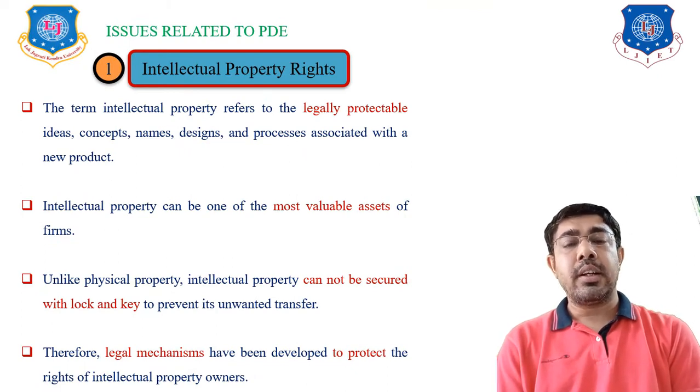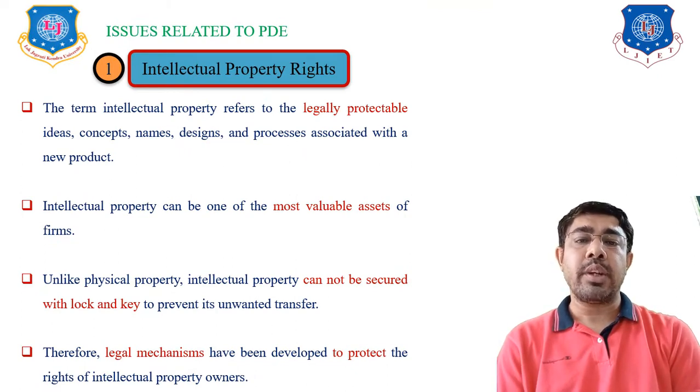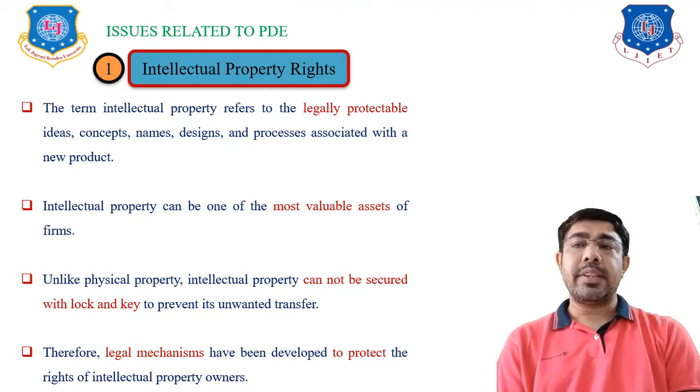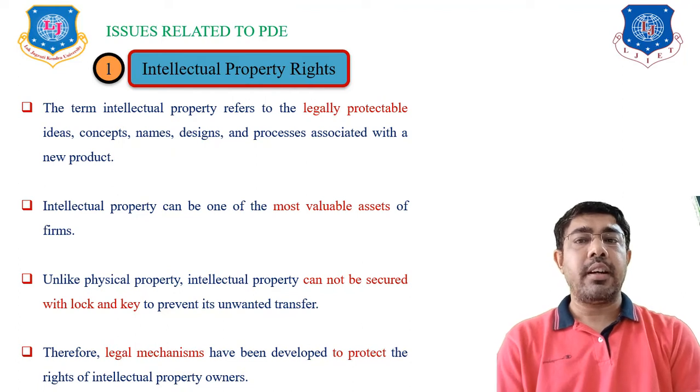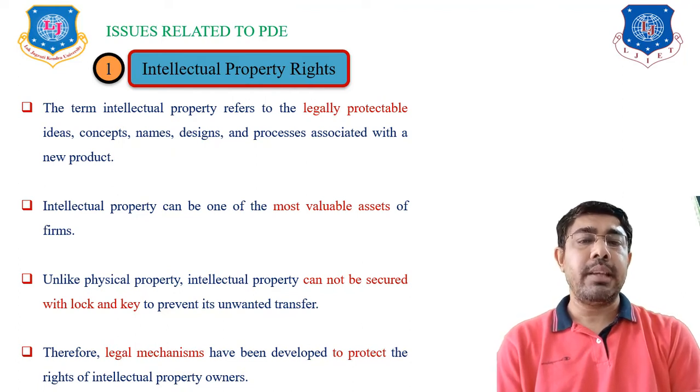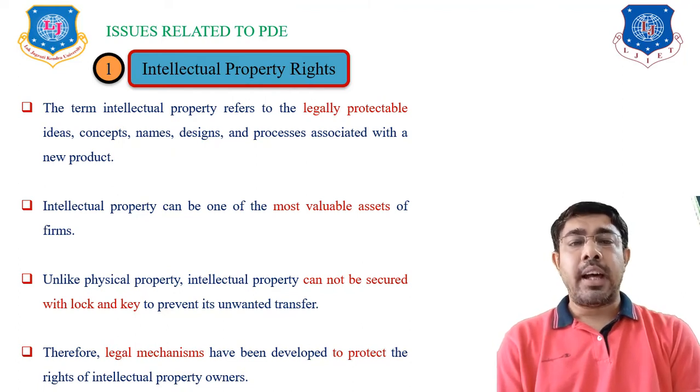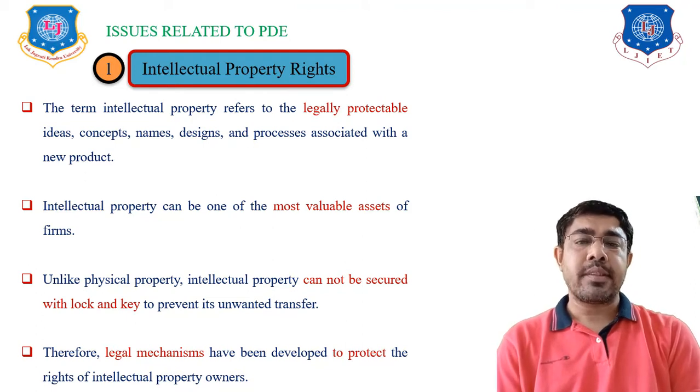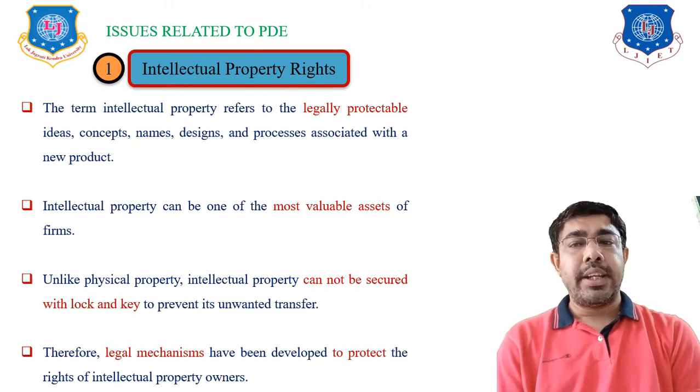First you have to know what intellectual property is. The term intellectual property is nothing but the legally protectable ideas, concepts, name, design and the process associated with a new product.